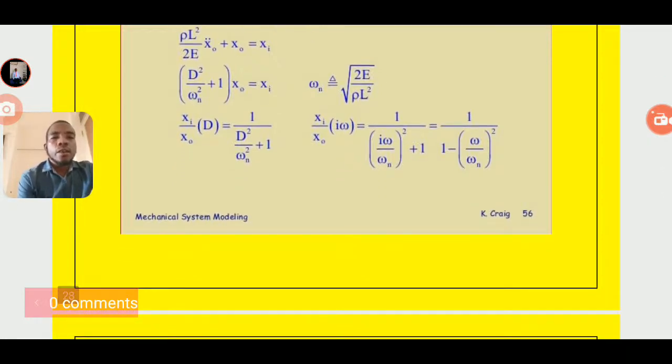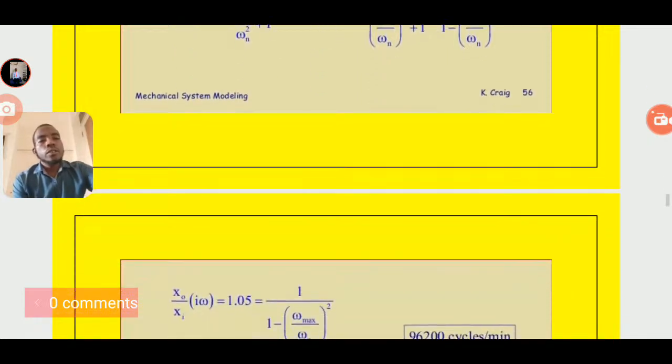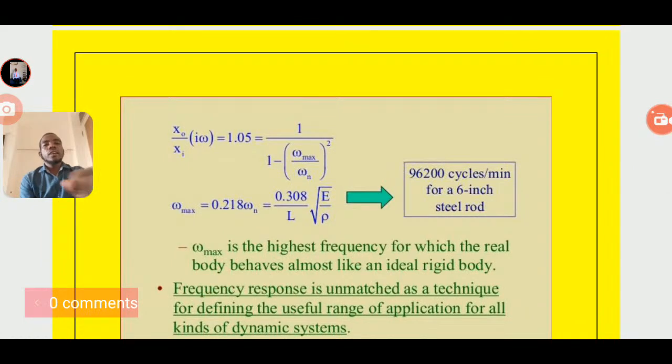So xi over x0, that means input to output (D), is equal to 1/(D²/ωn² plus 1). That means xi over x0 (iω) is equal to 1/((iω)²/ωn² plus 1), which is equal to 1/(1 minus (ω/ωn)²). So x0 over xi (iω) is equal to 1.05, which is equal to 1/(1 minus (ωmax/ωn)²).